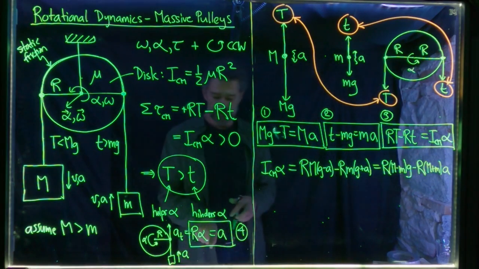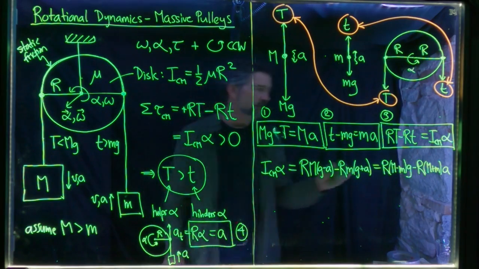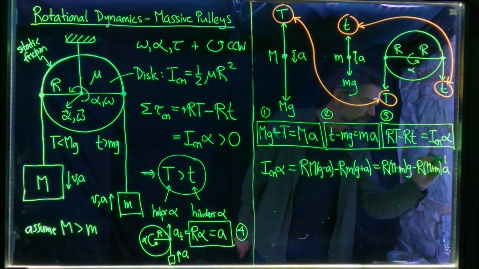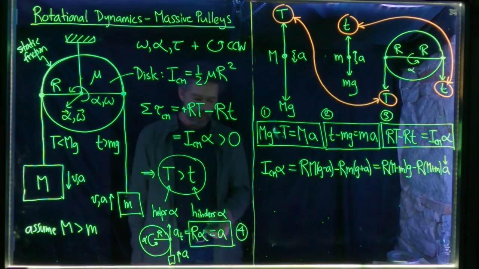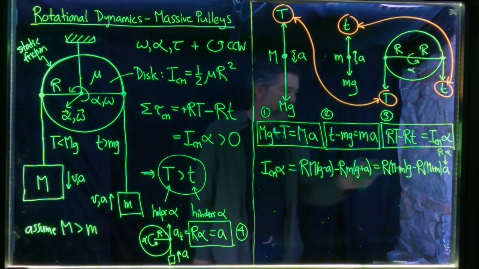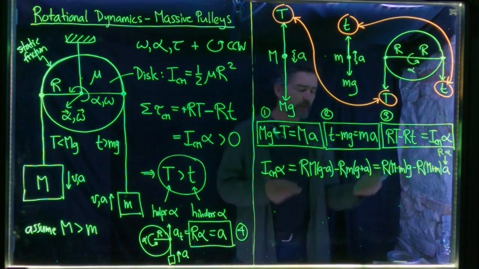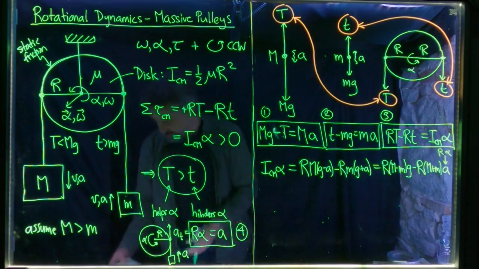But here's where equation number 4 comes in, super important. We're solving for alpha, so let's eliminate A in favor of alpha. A is equal to R times alpha. Now we have an alpha there, and a term that's just proportional to G. This is one equation and one unknown, so I'll let you solve that.